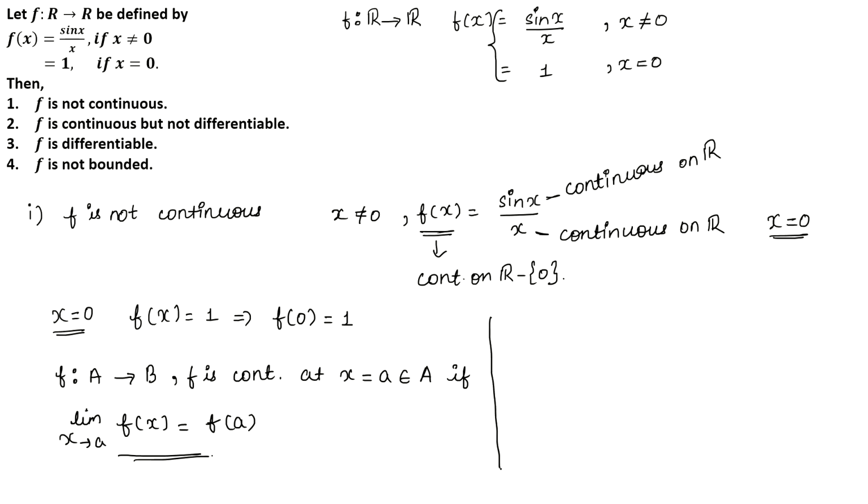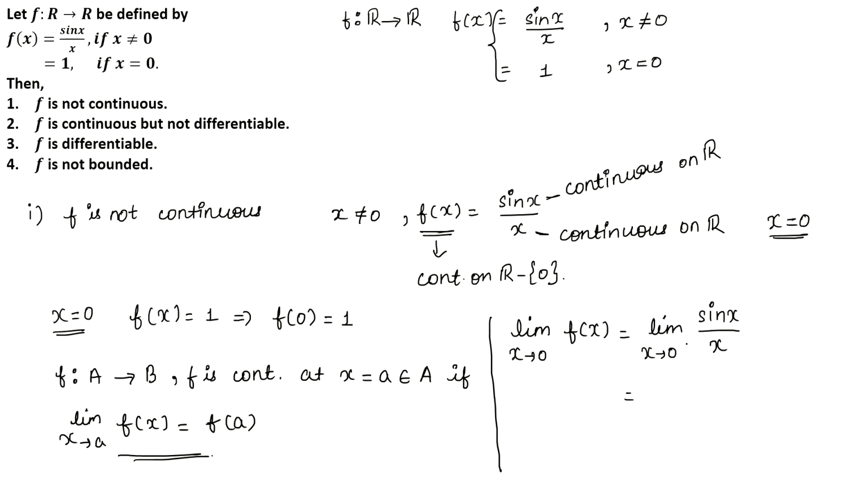So here, at x equals 0, limit x tends to 0, f of x is equal to limit x tends to 0, sin x by x. We have to find what limit x tends to 0 of sin x by x is, whether it is equal to f of 0 or not.